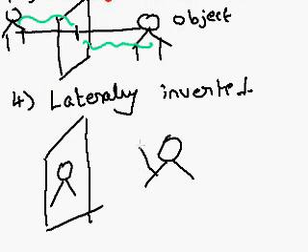Suppose if you raise this hand, which is actually the right hand for that person, it will appear that the left hand is raised. So it is laterally inverted. If the left and right sides are reversed, that is called lateral inversion. Is it clear? So these are the properties of the image formed by the plane mirror.